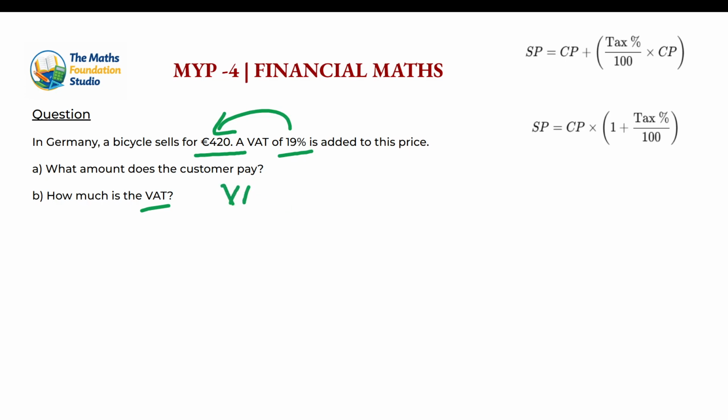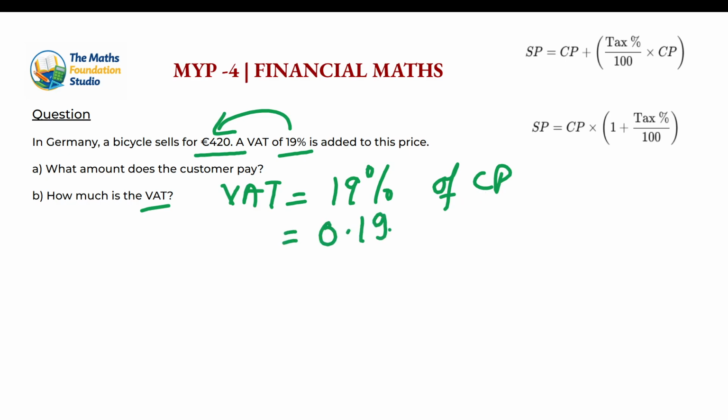So VAT would be 19% of cost price, that is 0.19 multiplied by 420 euros. That comes out to be 79.8 euros.